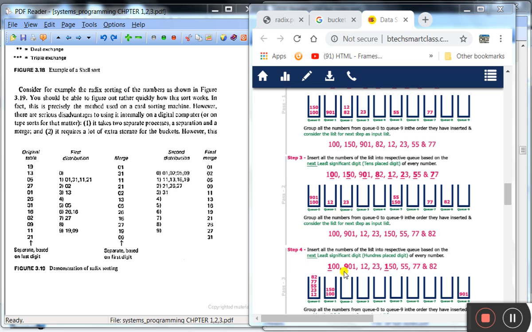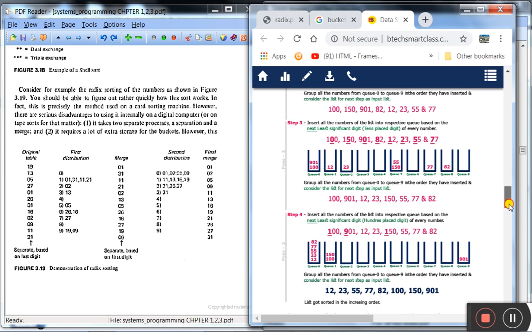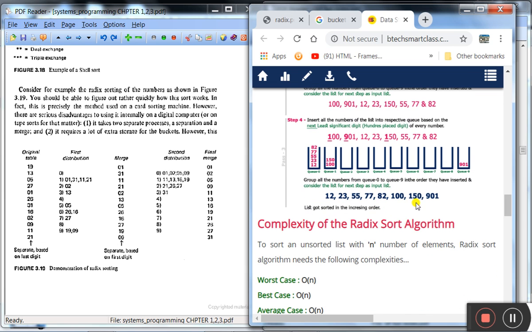After that we move to the next least significant digit, and finally we distributed the elements this way. If there is no third digit here, we have to consider it as 0. After this we finally got the sorted elements here.